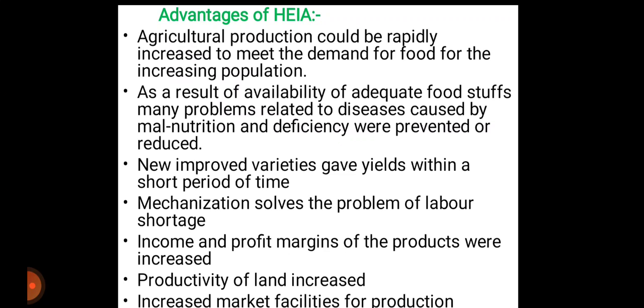Third one, new improved varieties give yields within a short period of time. Fourth one, mechanization solves the problem of labor shortage. Fifth, income and profit margin of products were increased.